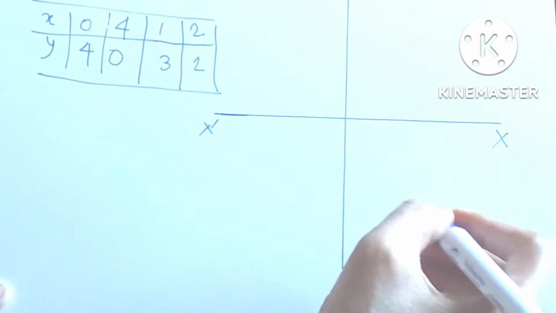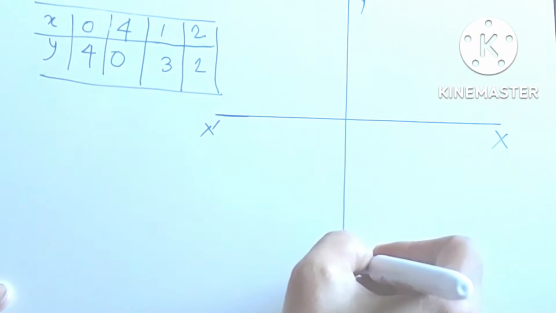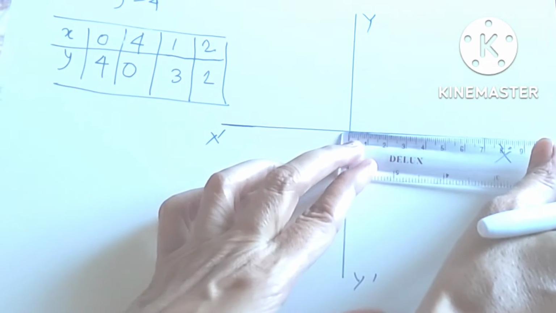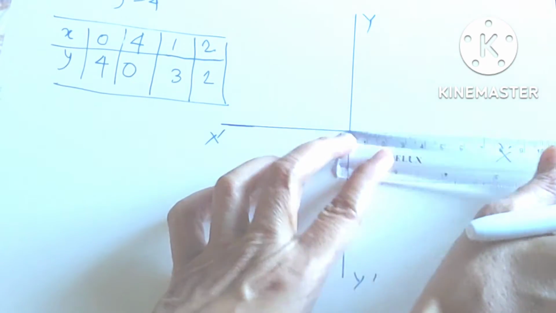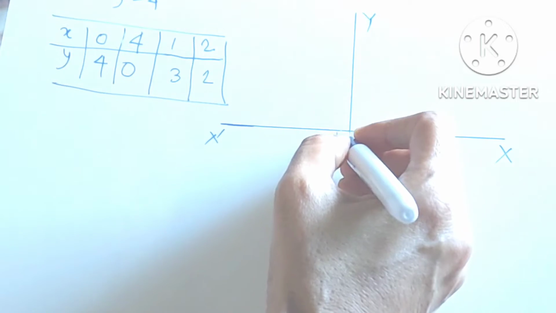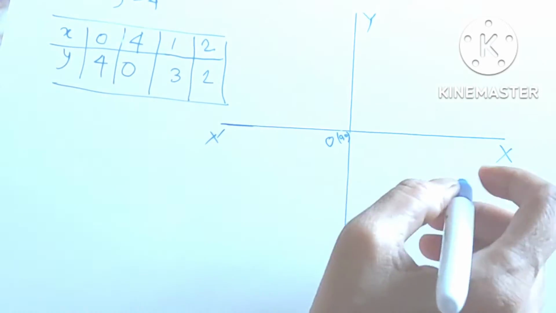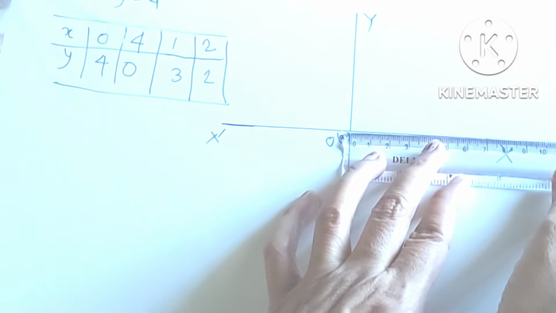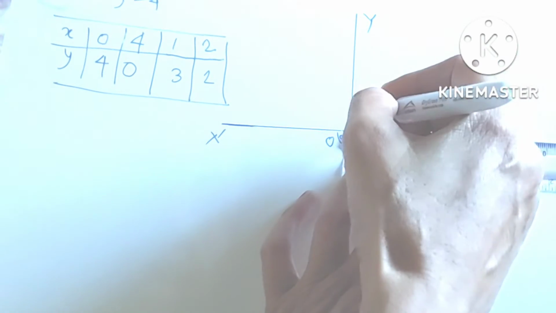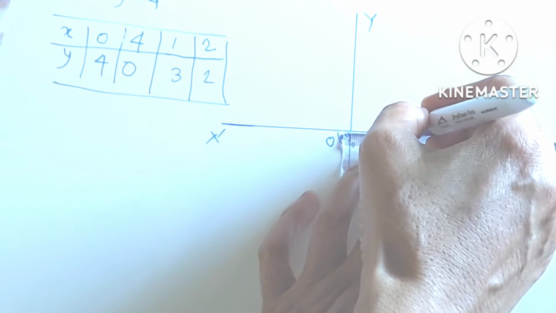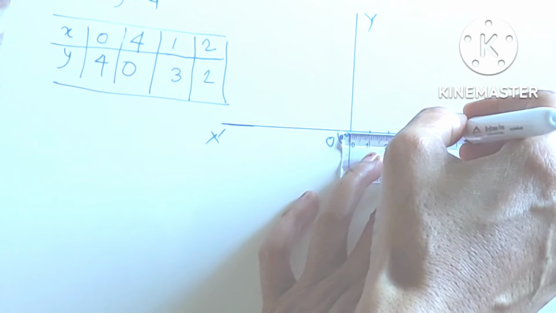Now we have to draw the graph. Horizontal axis is x dash. Vertical axis is y dash. Now we have to draw some points 1, 2, 3, 4 in x axis and in y axis. All values are in plus, so we have to draw only plus, that is in first quadrant.